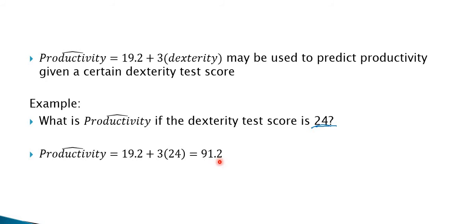So, what does this mean? This means that if my dexterity test score is 24, I'll be able to produce around 91.2 units of whatever I need to produce. So this is my predicted number of units produced per hour.